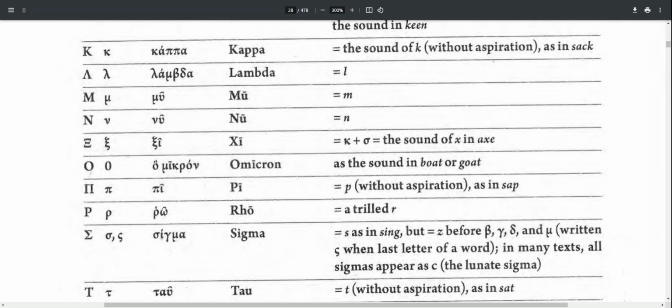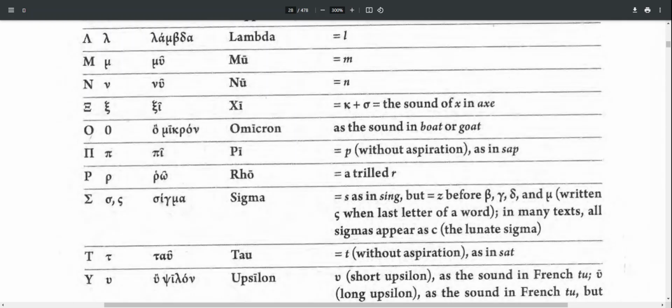So this is a different shape that the letter has. When it has this shape like a C, you don't have the difference between final sigma and the other normal sigma. You just have lunate sigma.